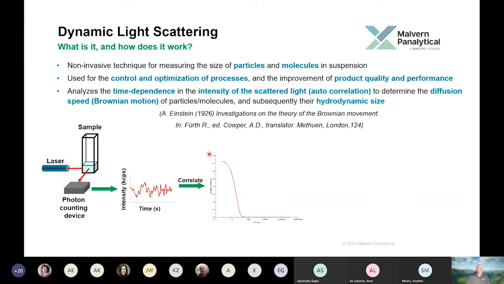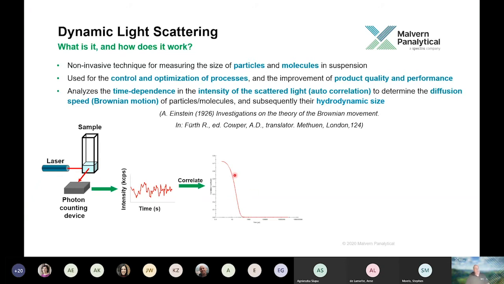And what we can see on the y-axis here is the correlation coefficient, or the similarity of the signal with respect to itself, plotted as a function of delay time. Now, for any random signal, and what we should be observing here is a random signal because we're looking at random diffusion processes, the loss in correlation is an exponential process, and this is an exponential decay plotted on a logarithmic axis.